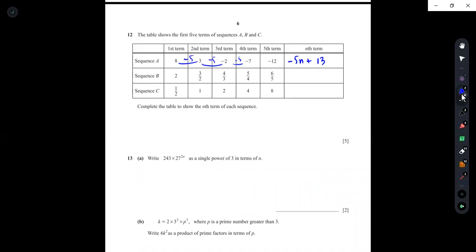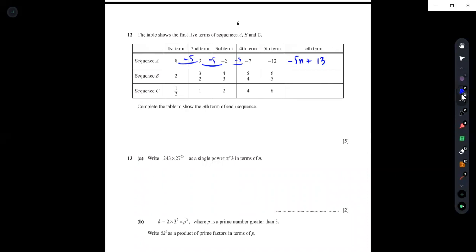Then we have the second sequence: 2, 3 over 2, 4 over 3, 5 over 4, 6 over 5. So what we see here, if we leave the first term and compare the rest of the terms, 3 over 2, 4 over 3, 5 over 4, 6 over 5, in each term we have a fraction.